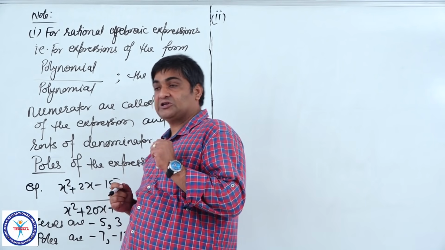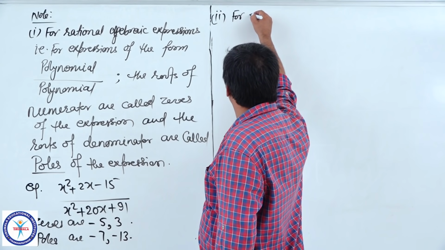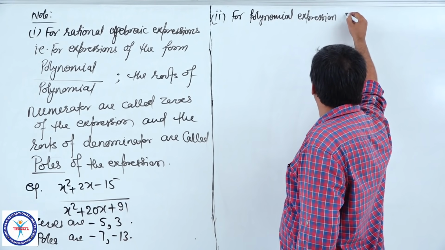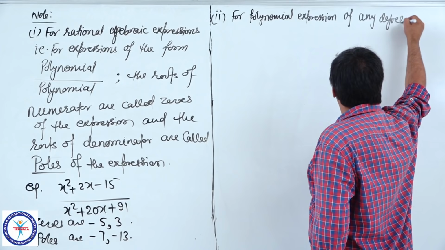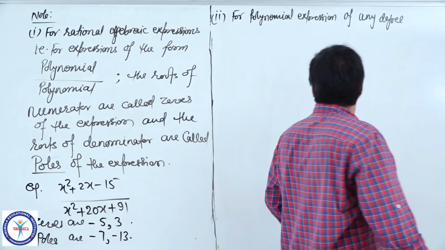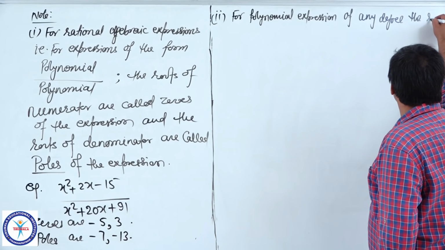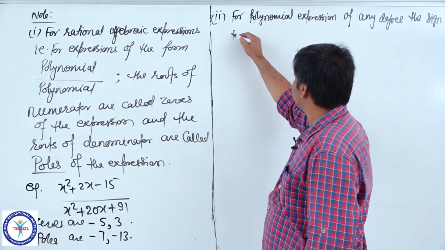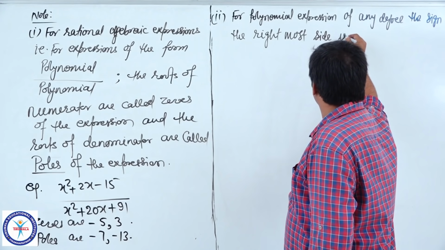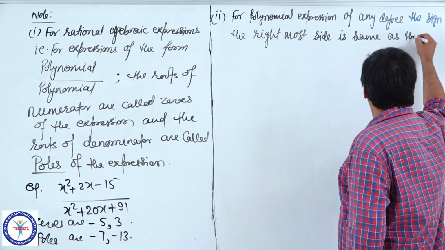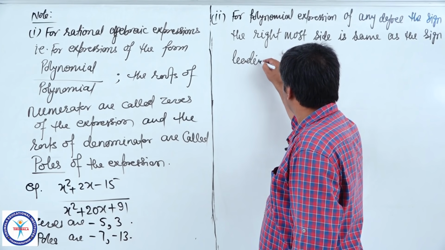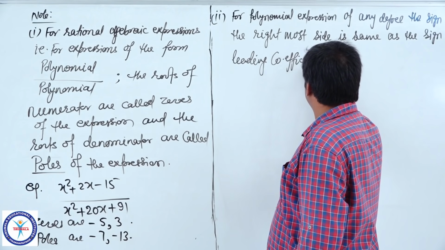Second point is, this is for polynomial expression. For polynomial expression of any degree, whether it is linear, quadratic, cubic, biquadratic, quintic, whatever, any degree, the sign on the rightmost side is same as the sign of leading coefficient.